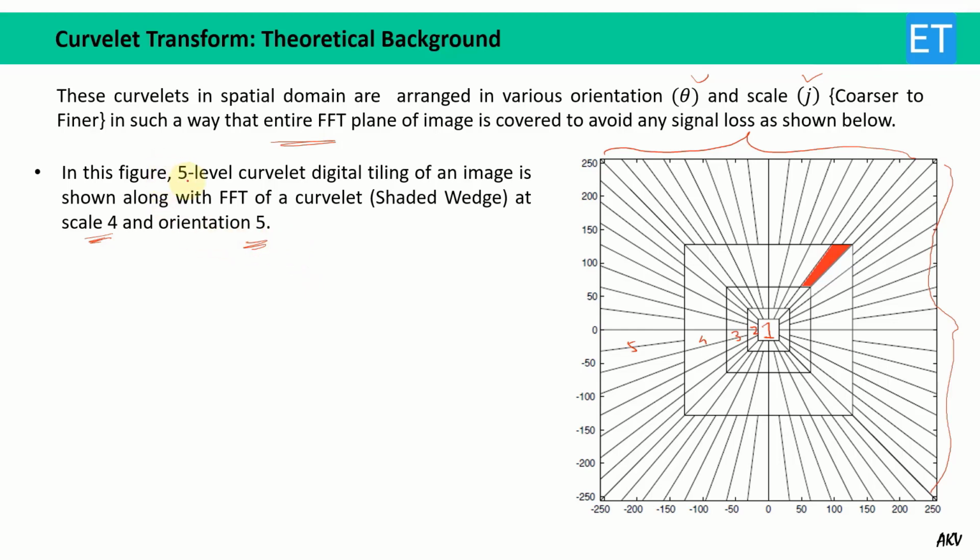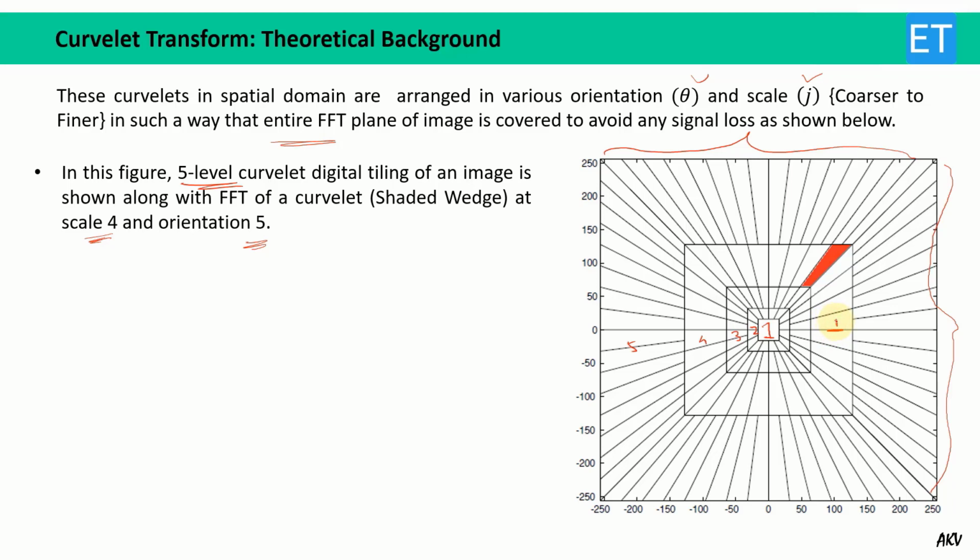So that's why the 5-level curvelet digital tiling is represented here, and this red one is at scale 4 and orientation 5. You can see, obviously, this is part of the fourth ring, and the orientation is 5. We count from this horizontal axis.